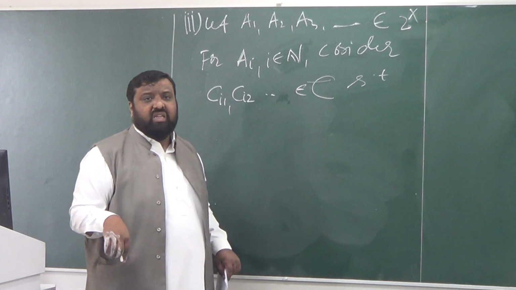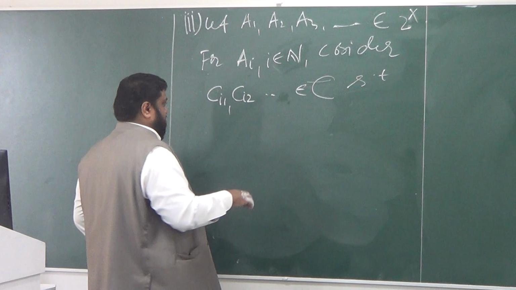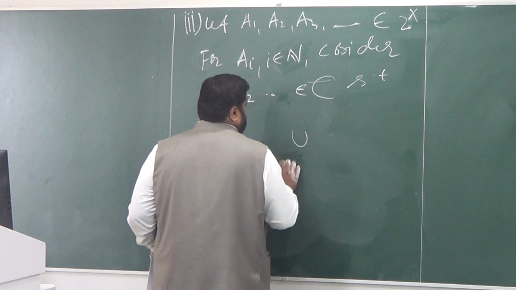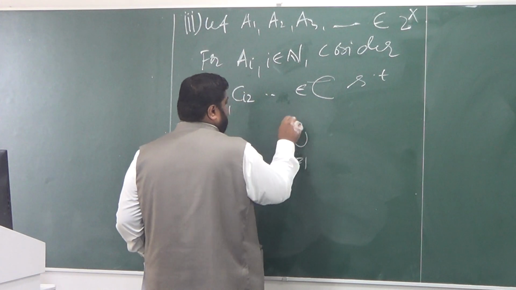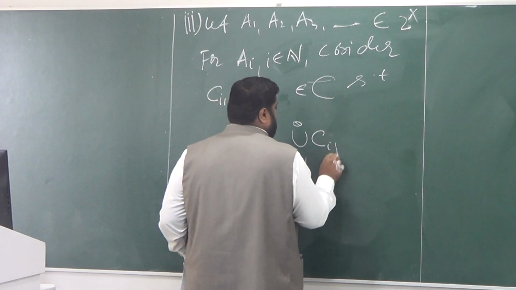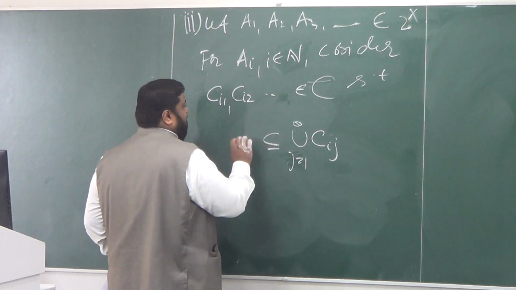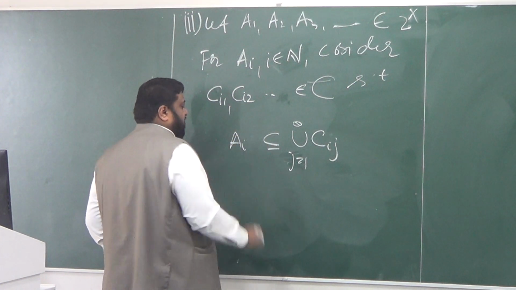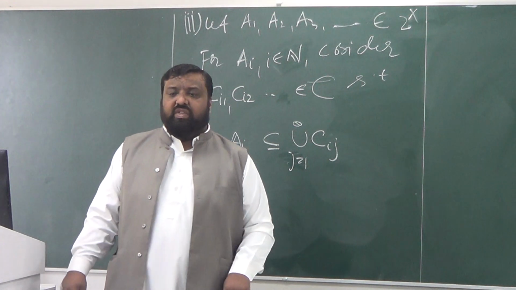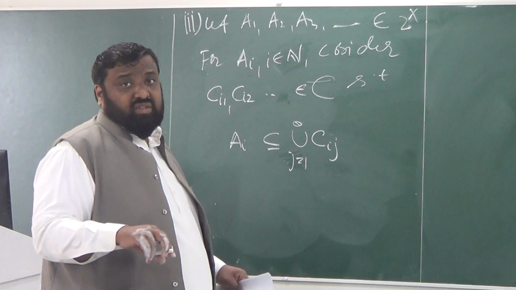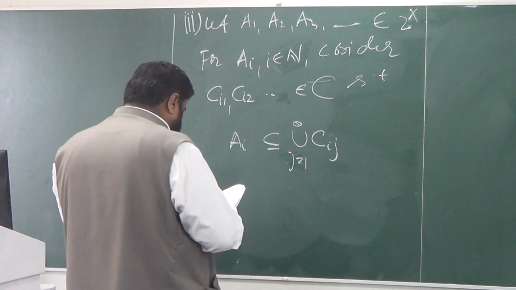The union should cover. So the union over j equal to 1 to infinity of Cij must cover your Ai. Sorry, you have to keep in mind that there can be many coverings for Ai. It's not just one cover. Okay.